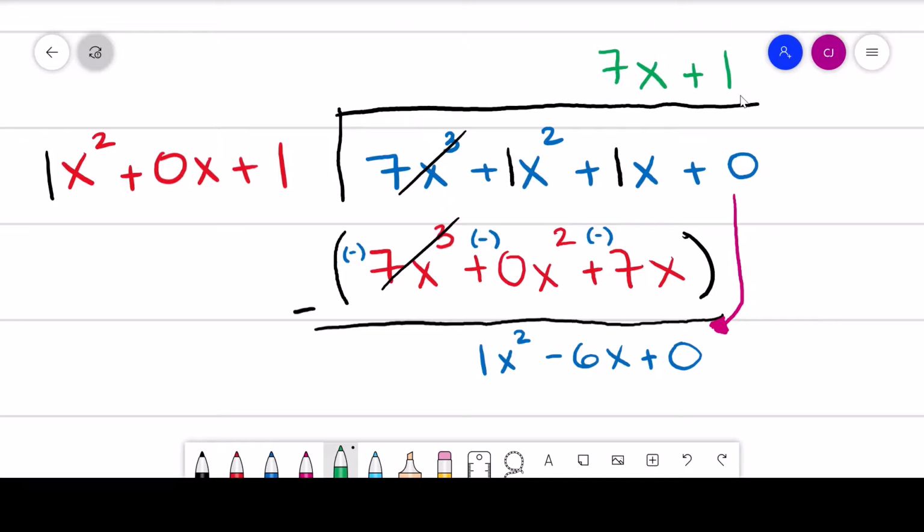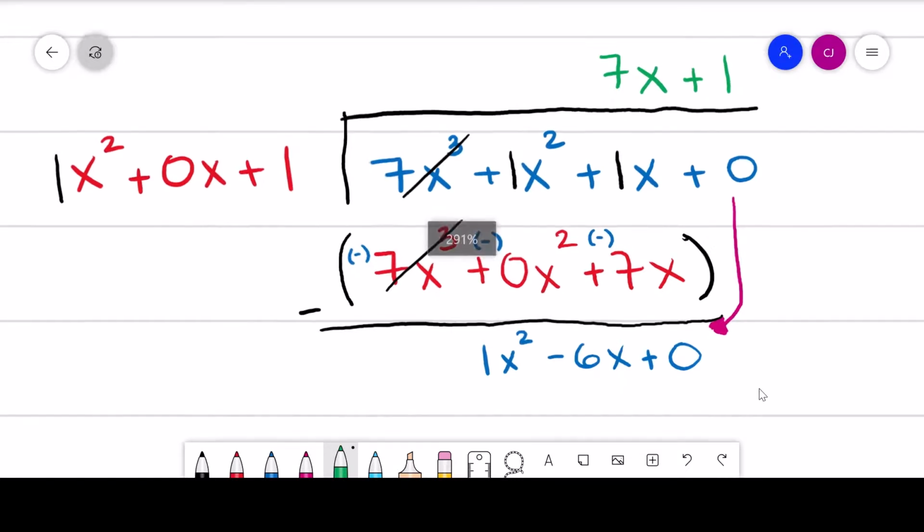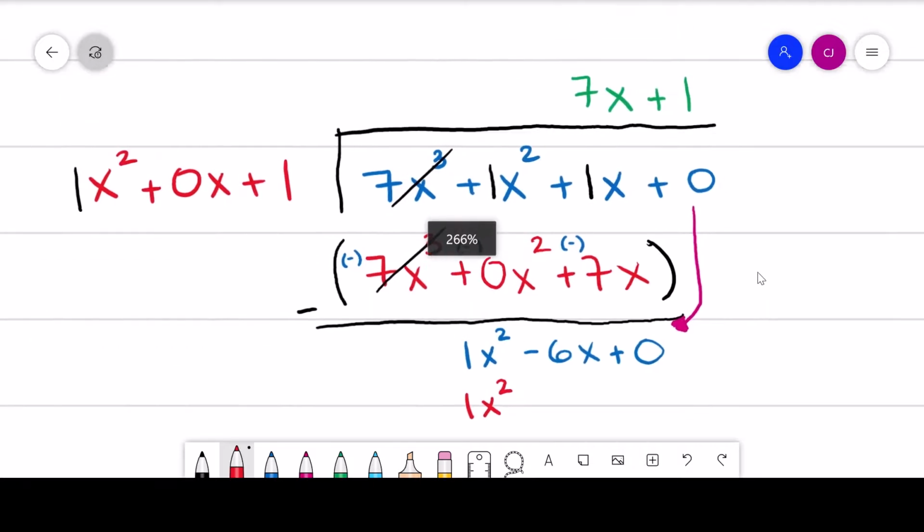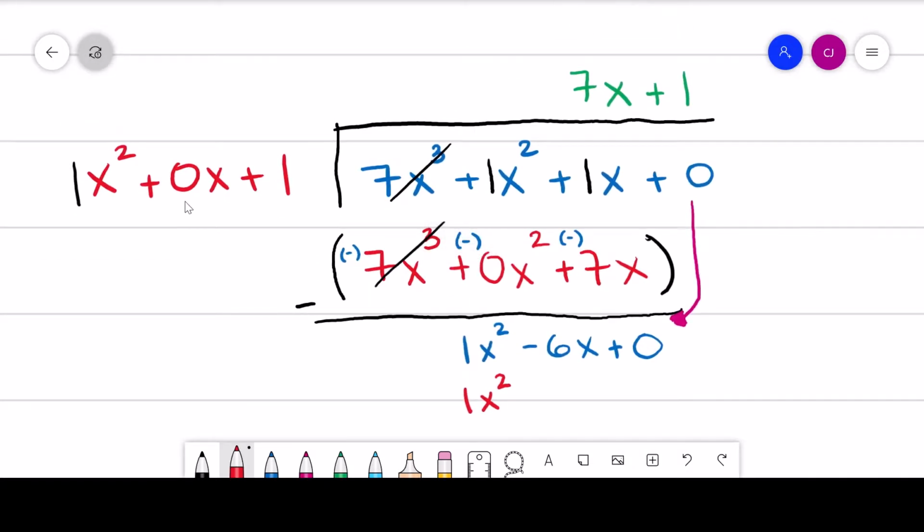And we go through that process of multiplying our factor with each term of our divisor. So I have 1 times 1x squared, which is going to give me 1x squared. I'm going to then multiply this 1 with 0x, which is going to give me 0x.